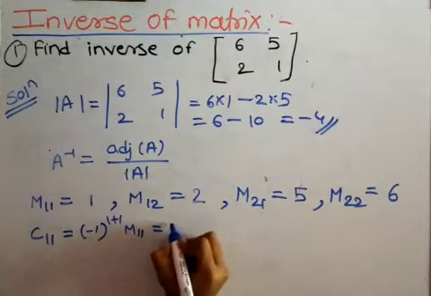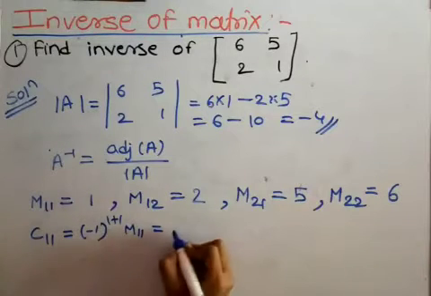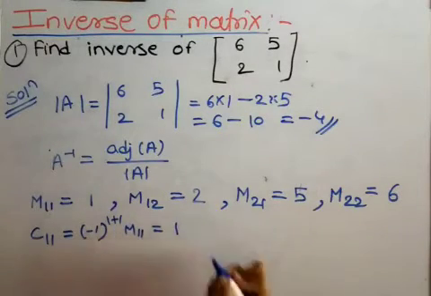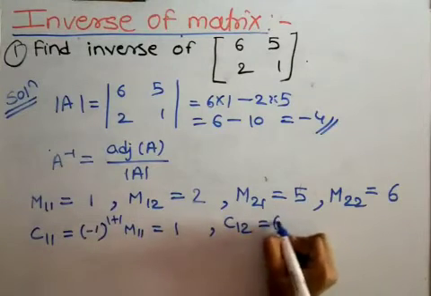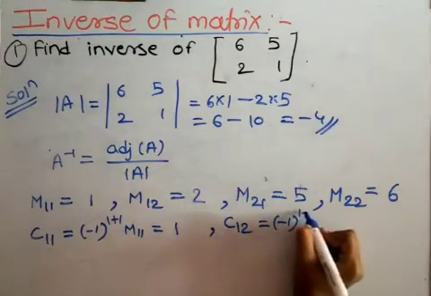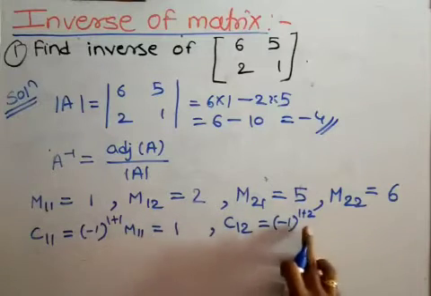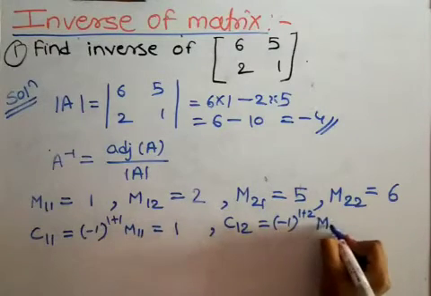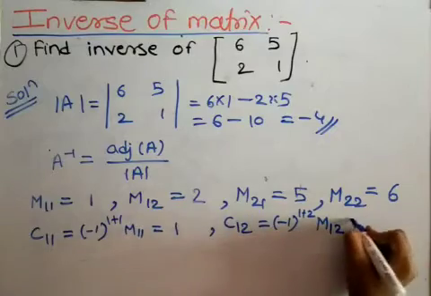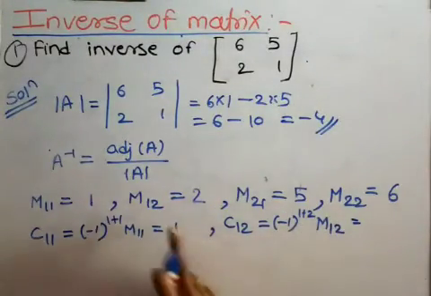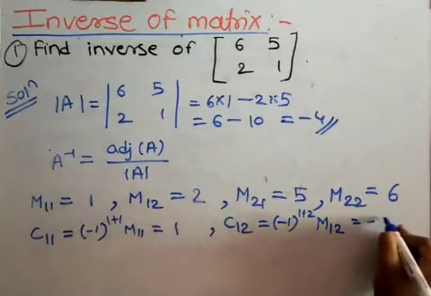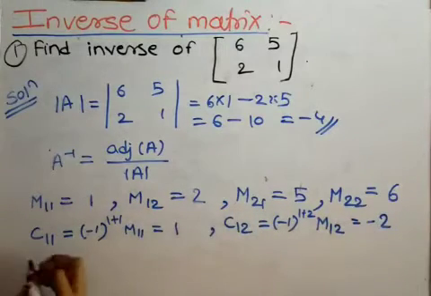Minus 1 raised to 2 is plus 1 and M11 is 1. Okay. Next C12. The formula will become minus 1 raised to 1 plus 2 into M12. So we get minus 1 raised to 3, which is minus 1, and M12 is 2. So we get minus 2.